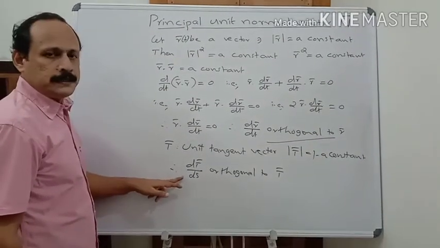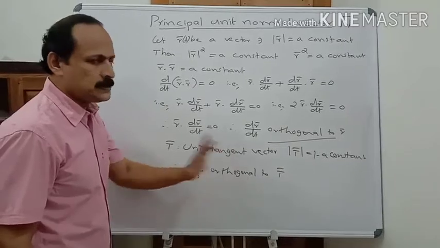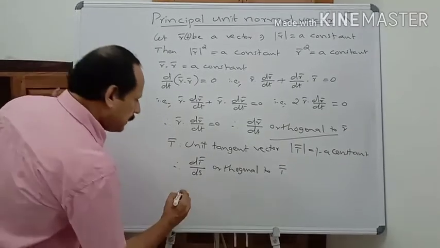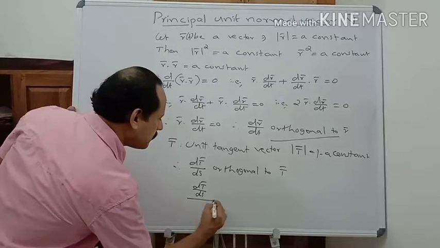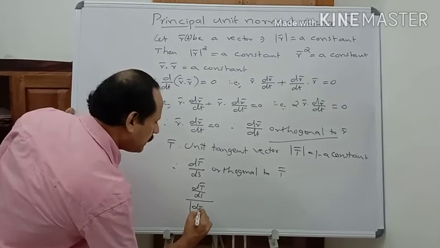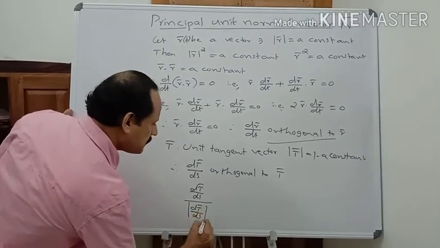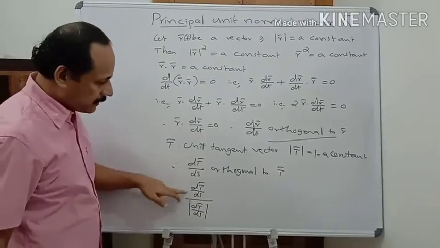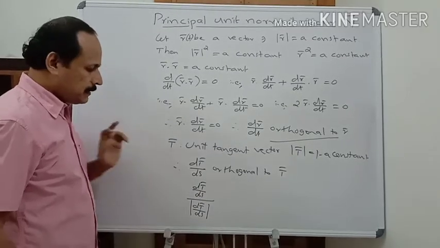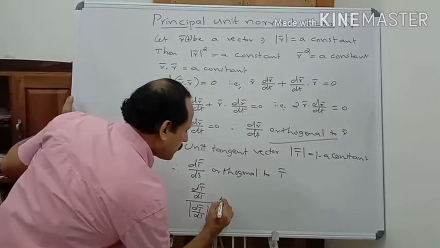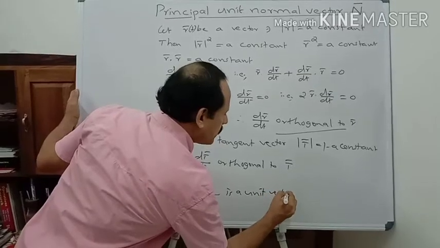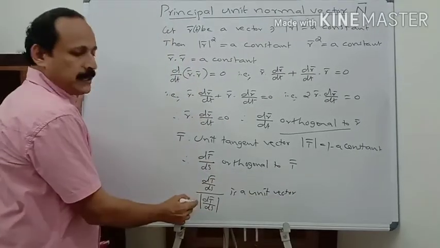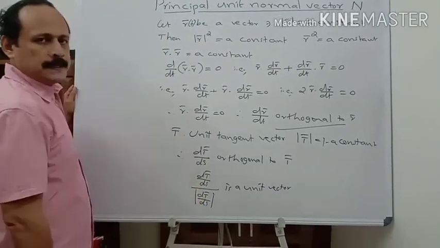We obtain dt bar by ds is orthogonal to t bar, and take dt bar by ds by mod dt bar by ds. We divide this vector by its modulus. Then this is a unit vector. It becomes a unit vector when divided by its modulus.